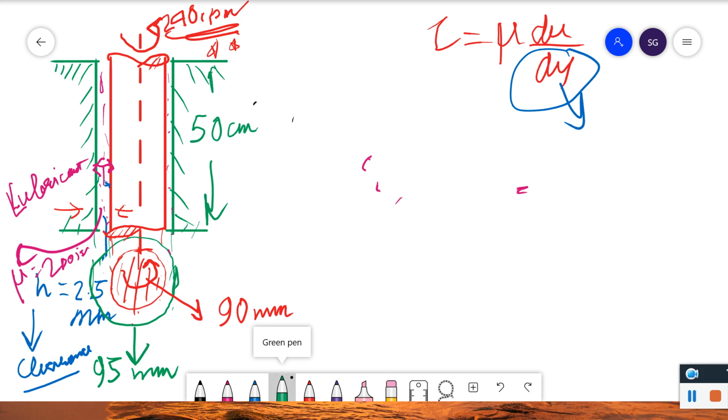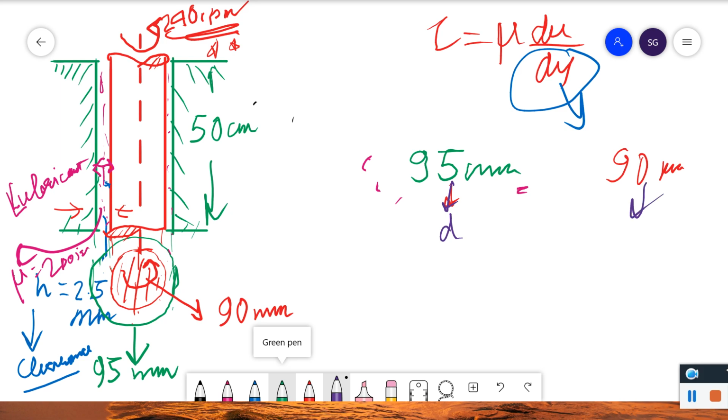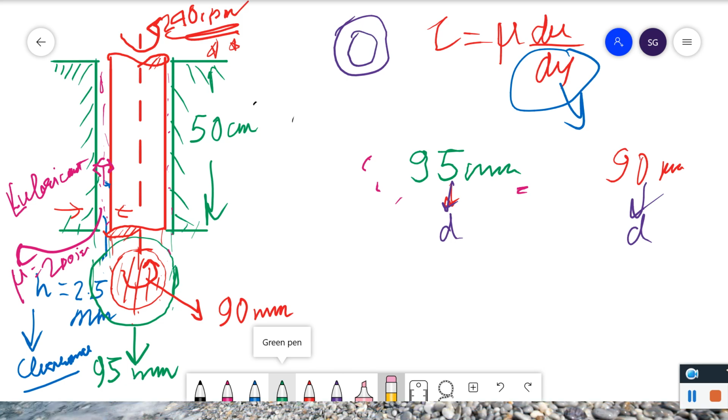So how to calculate the clearance, I will show you. The shaft is of 90 mm and this is of 95 mm. So we can say that this diameter is 95 and this diameter is 90. It's a simple concept of this circle. Wait, I will show you in a better way.